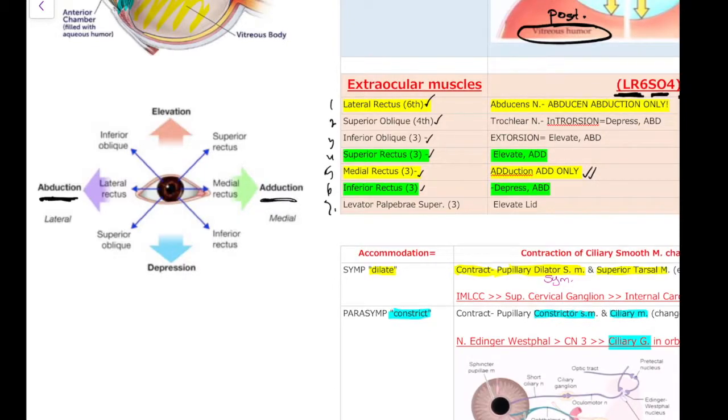Medial rectus does adduction, is innervated by cranial 3, and the superior oblique is innervated by the cranial 4th, trochlear. So right here, trochlear would be CN 4, and 6, and everything else should be cranial nerve number 3.